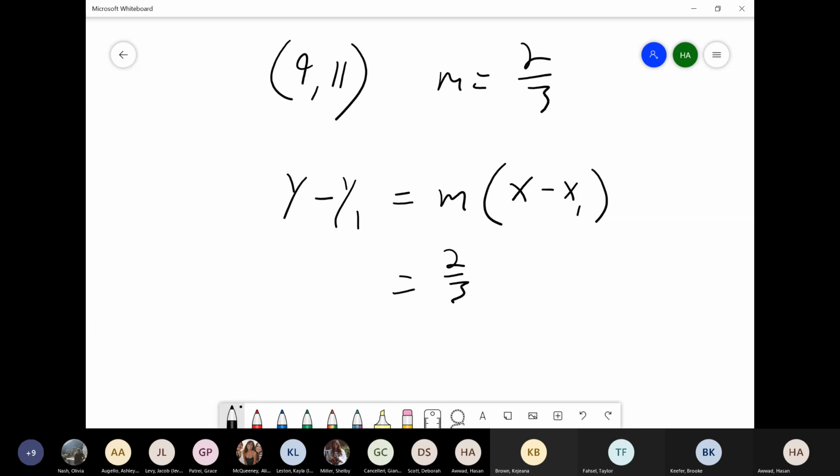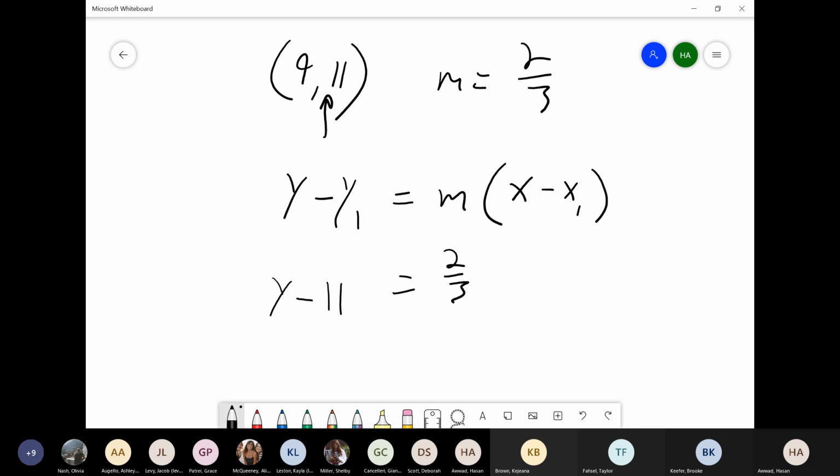And I'm going to also plug in my point here, because I don't want to just leave it in point slope form. I want to reduce it down to slope intercept form. And we know that we can always move it from point slope to slope intercept form once we've solved for y. And we solve for y after we've plugged in numbers, after we have values for y1 and x1. So I'm going to have over here y minus 11.